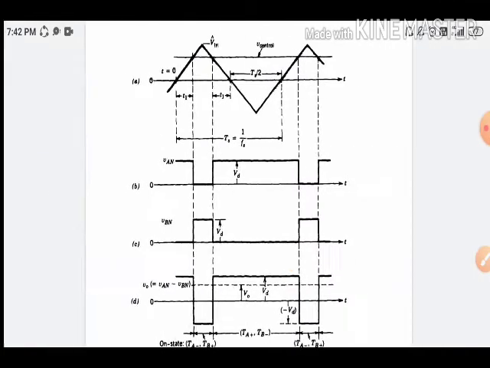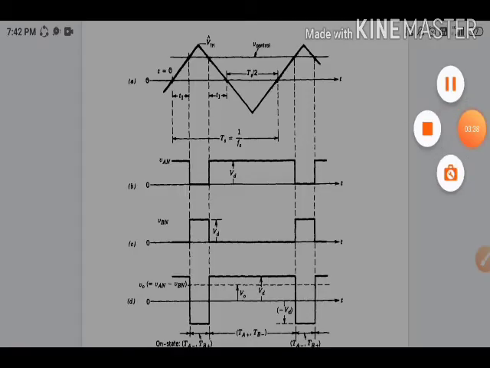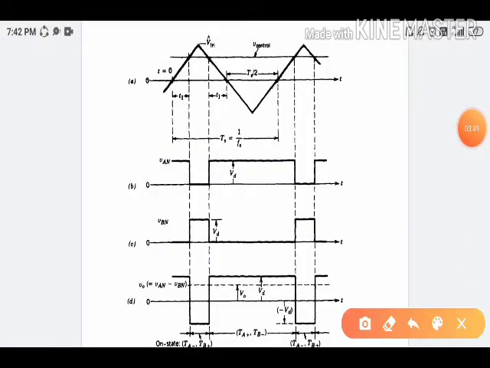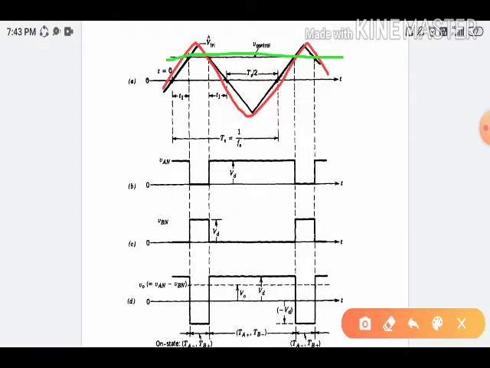Here is the triangular waveform, and the green line is the control voltage. Whenever the control voltage is greater than the triangular voltage, TA positive and TB negative is on.